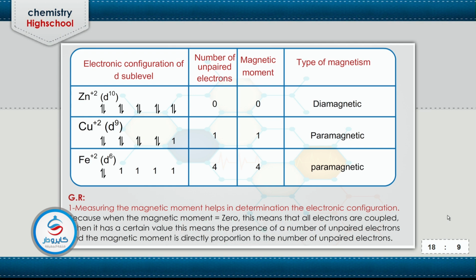When it has a certain value, this means the presence of unpaired electrons, and the magnetic moment is directly proportional to the number of unpaired electrons.